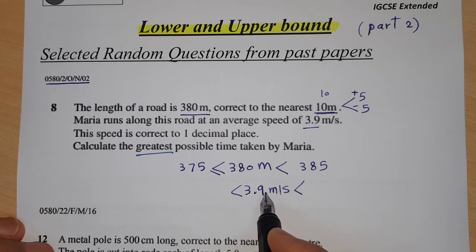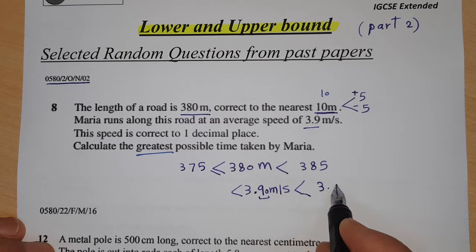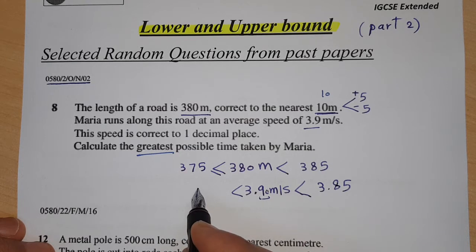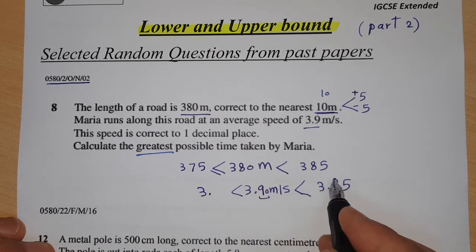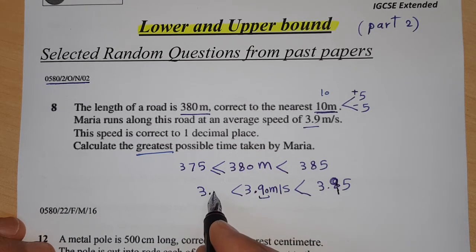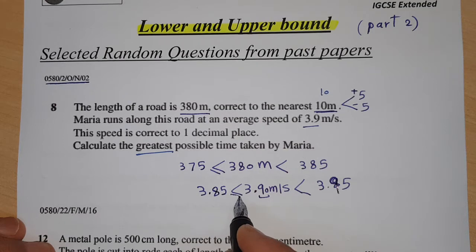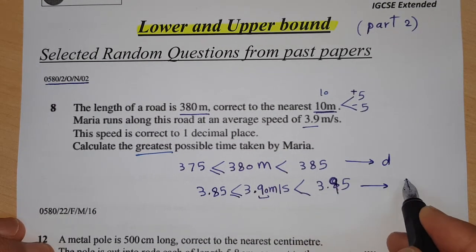Just add 0 here, make it 3.90, and add 5 to the 90 and subtract 5. The upper bound is 3.95 and the lower bound is 3.85. Okay, so this is a distance and this is a speed.